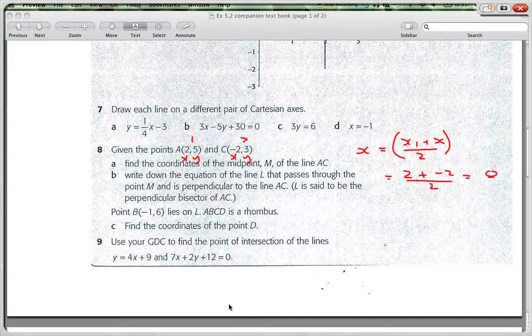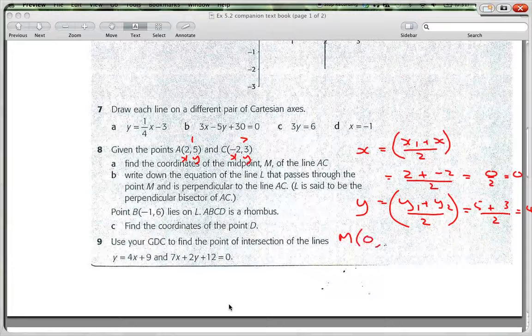So that's 0 over 2. That's equal to 0. So the midpoint for the x is equal to 0. For my y, the same thing. It's going to be y1 plus y2 over 2. So it's going to be 5 plus 3 over 2, which is equal to 4. So your midpoint for that M is going to have the coordinates of 0 and 4.